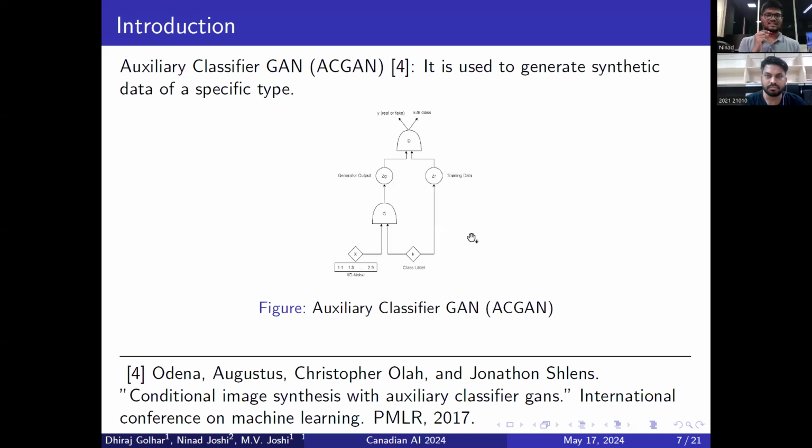Now coming on to the auxiliary classifier GAN. In this, we'll be giving an input of both IID noise and class label to the generator, so that the generator not only learns to generate an image, but also it learns to generate an image of a specific type or of a specific class.